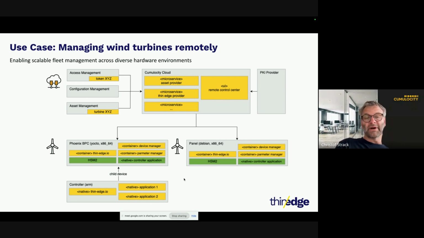For example, the device manager, when the device is registered for the first time, the PKI provider has issued a new device certificate. This device certificate is trusted in Cumulocity. Then the device manager takes over and sends some information to the Cumulocity cloud, which you see here on this side.